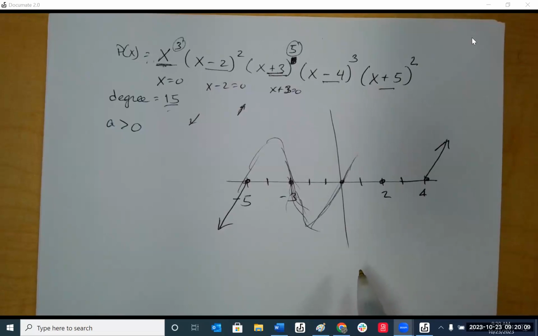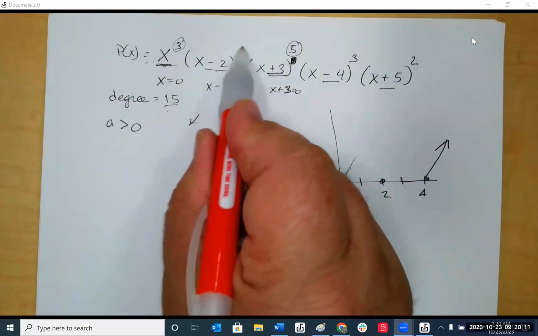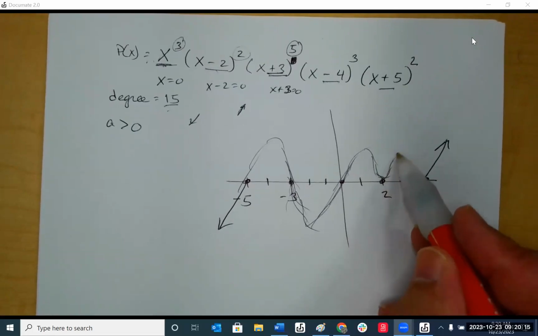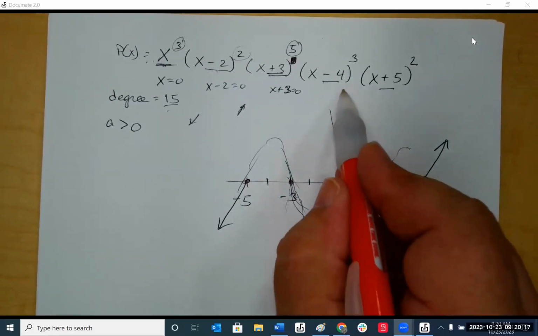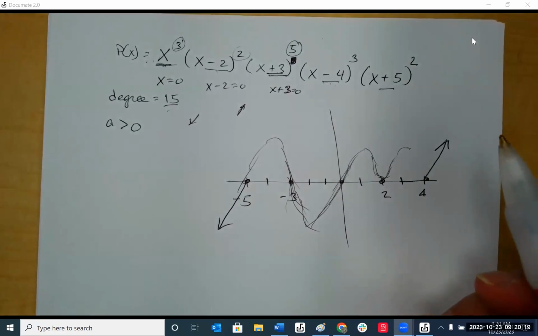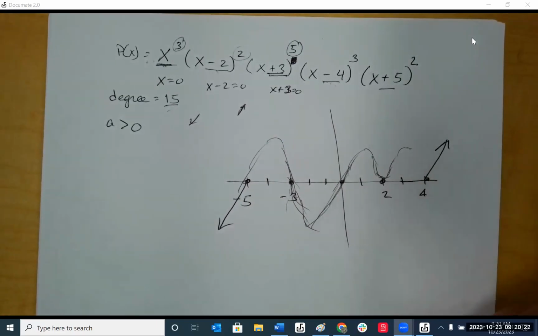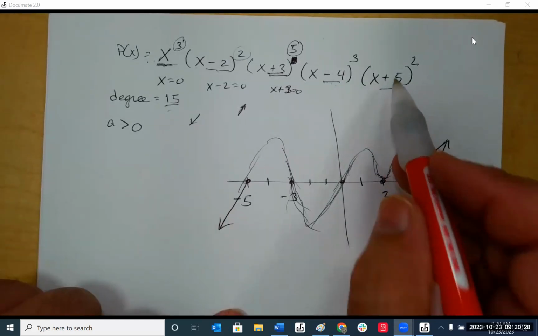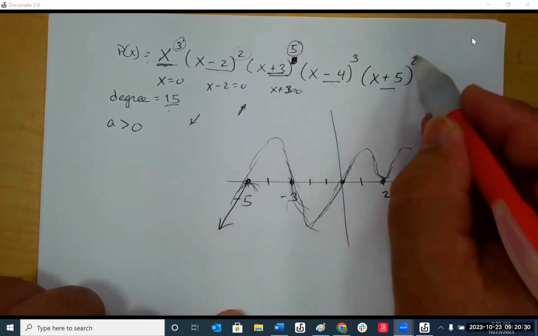At 2, it's even, so it bounces. And at -5, it bounces because it's even.